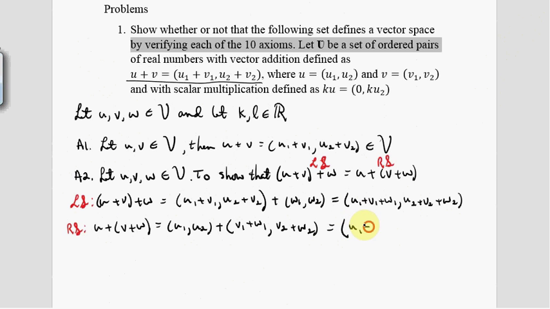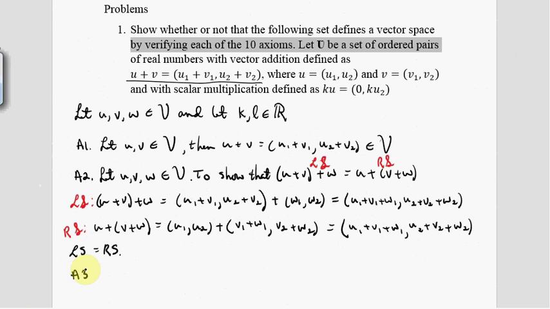So u sub 1 plus v sub 1 plus w sub 1, comma, u sub 2 plus v sub 2 plus w sub 2. So we get the left side is equal to the right side.